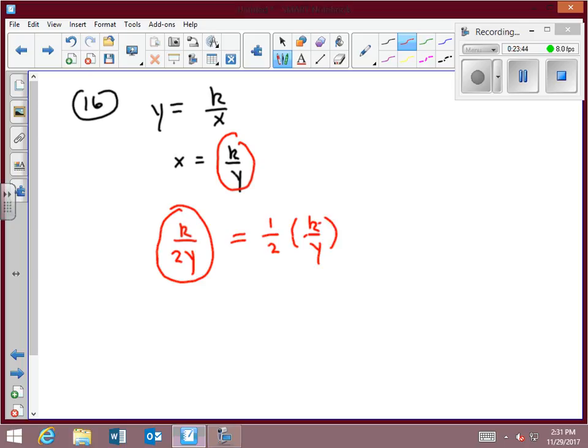But that thing right there is this, isn't it? 1/2 x. So if you double the y, you get half the x. Now, if you take this particular thing right here, solve it for k.